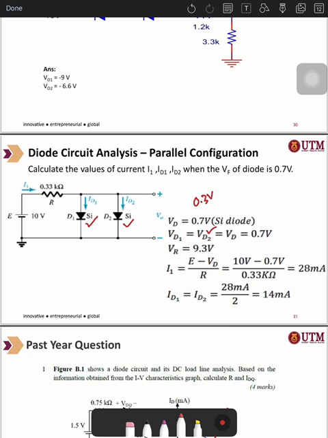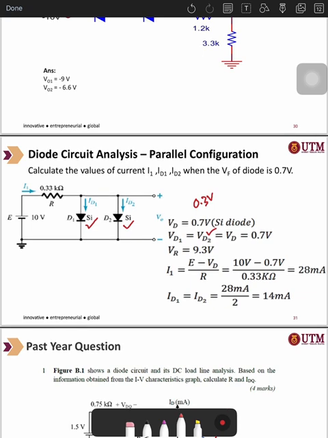Now when you rearrange, you can see that I1R equals E minus VD. So E minus VD minus VR is equal to 0 actually. You apply the KVL here, and then you can get the value of this one.